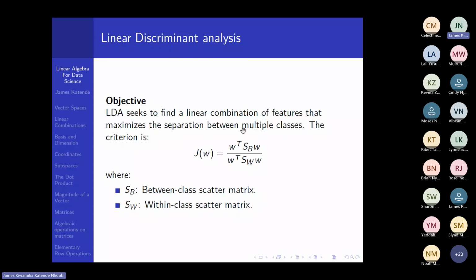And this is your optimization objective function. I will not focus so much on this for now, but basically if you maximize the between cluster scatter matrix, it's easier for you to classify. And if you minimize the within class variation, your classification is more accurate.